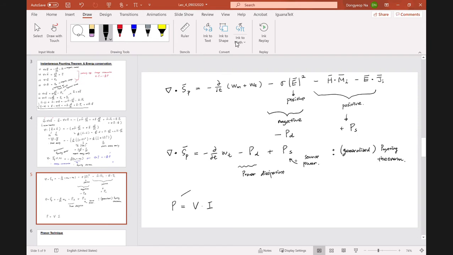In this case, the power is delivered by voltage and current in a circuit, and if we assume that the circuit, I mean the copper line, has some ohmic loss, then we have a dissipation loss here, and for energy conservation we need to add some source power, pumped by a voltage source or current source.